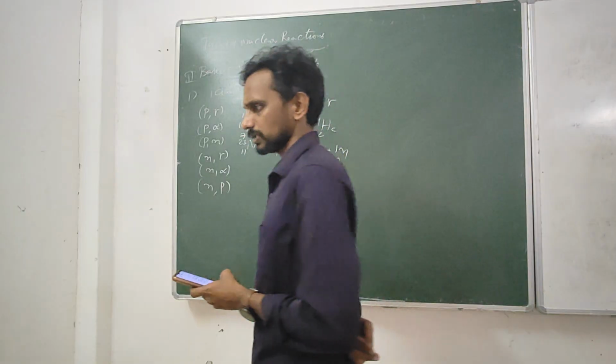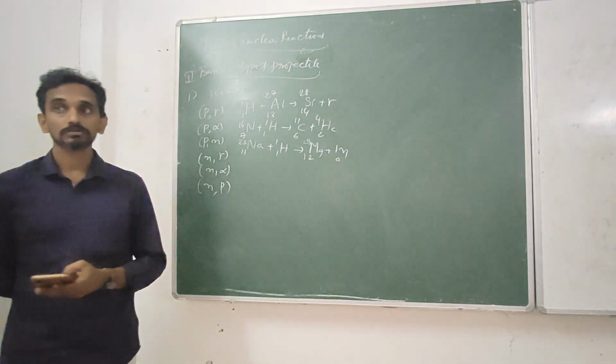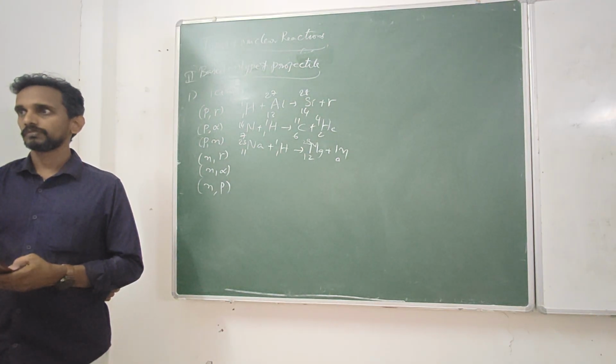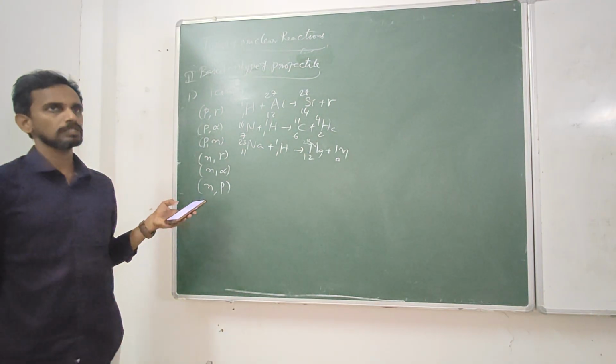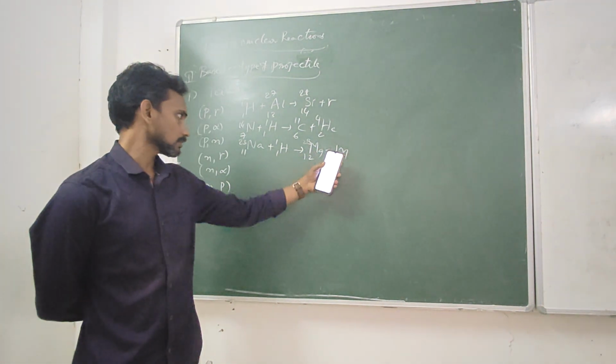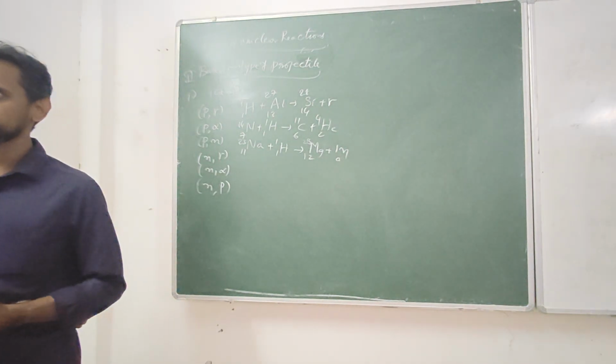This is not beta emission. In the beta plus and beta minus case, the proton is converting into neutron, but still it is a part of the nucleus. Here the neutron is ejecting out of the reaction.